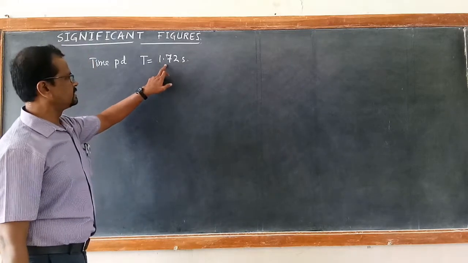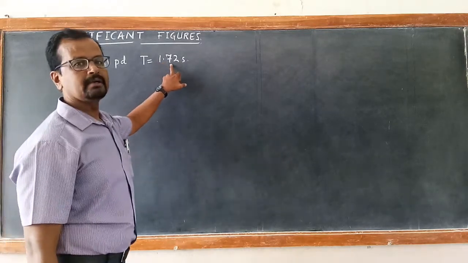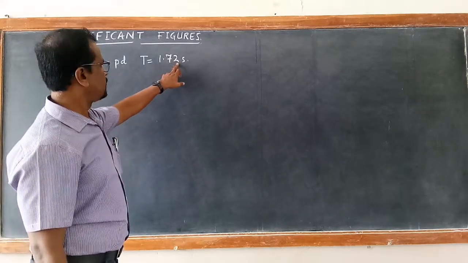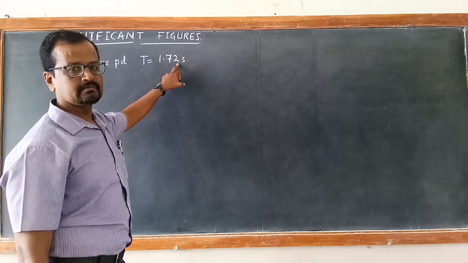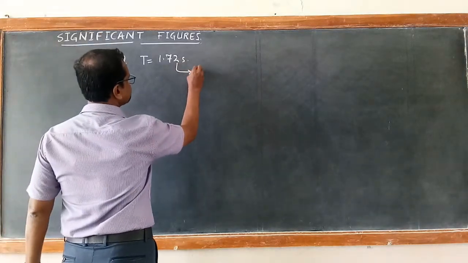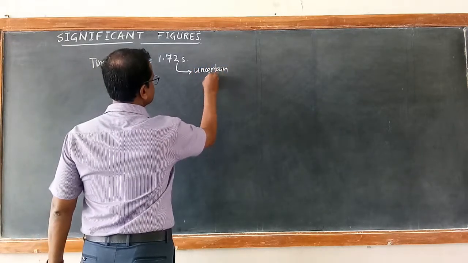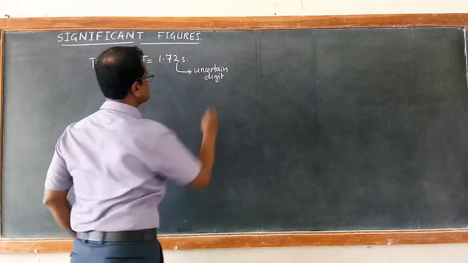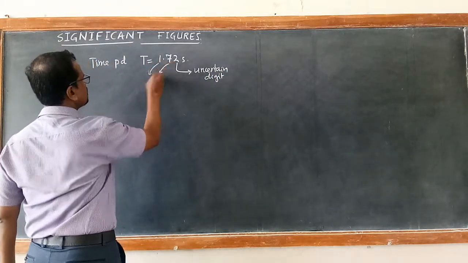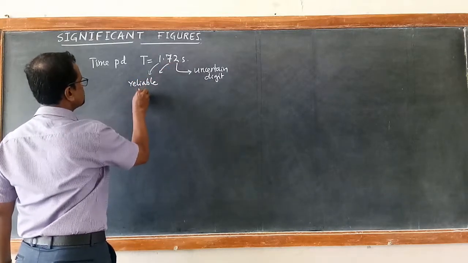Out of these three, the first two, 1 and 7, are reliable digits. The last one, 2, is uncertain, since it will have an error.